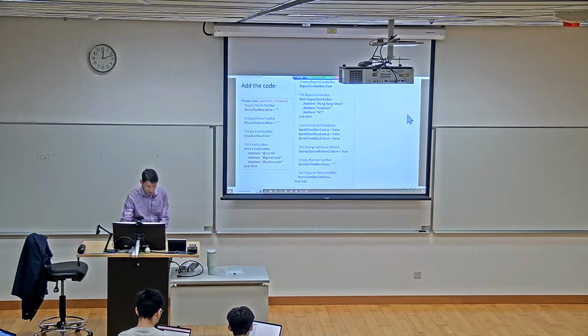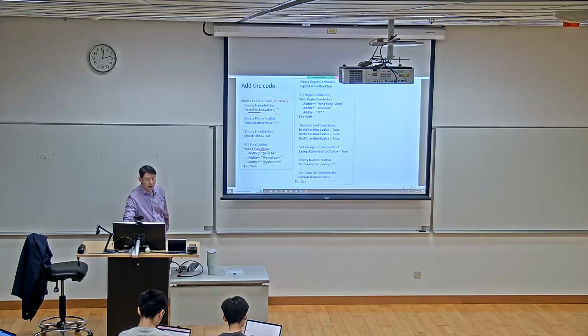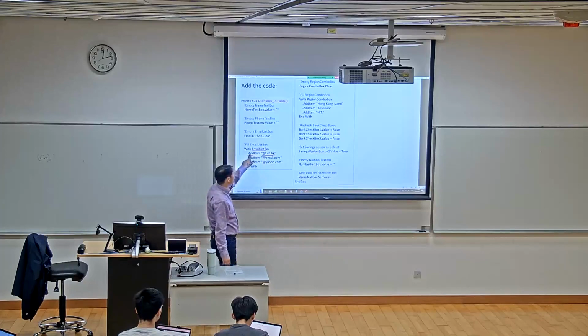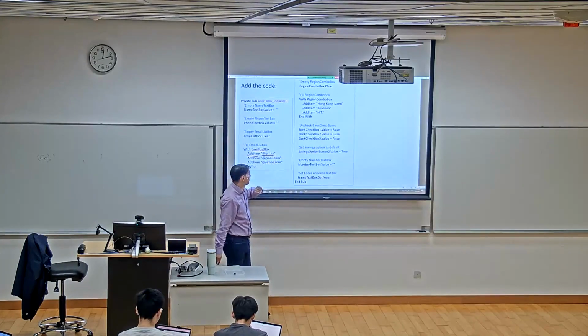For example, for the text box, the initial value is an empty string. For the list box, we can set the values by adding items to the list box using .AddItem. This is the format: AddItem followed by string data.